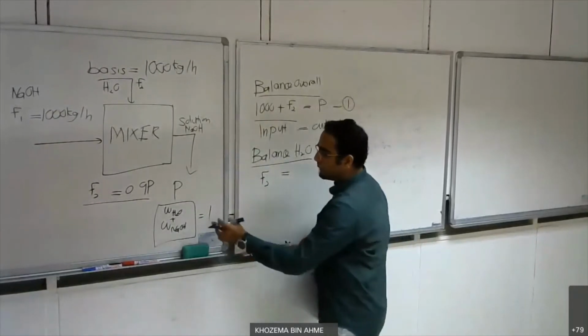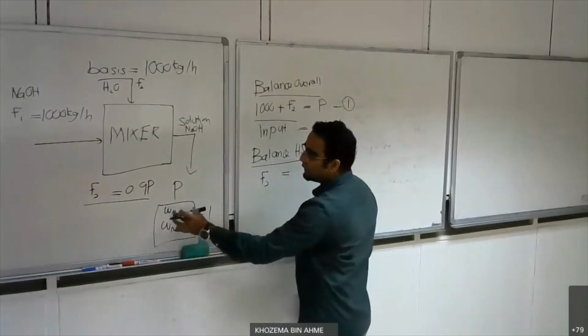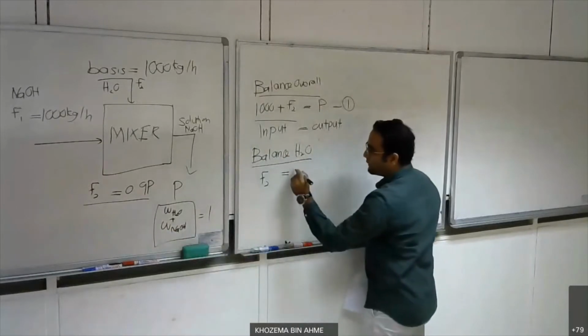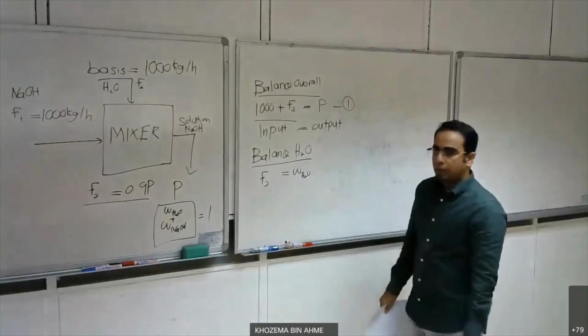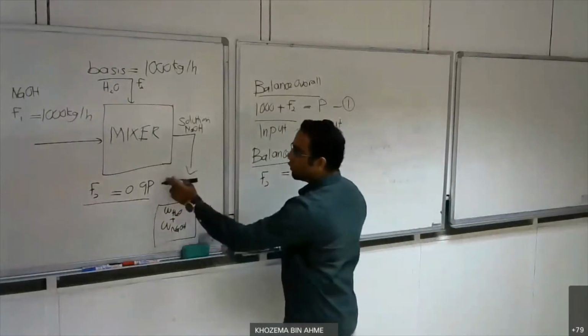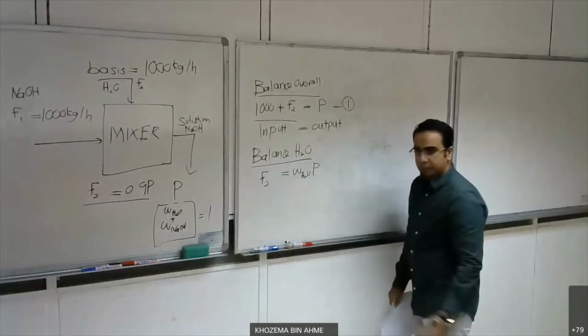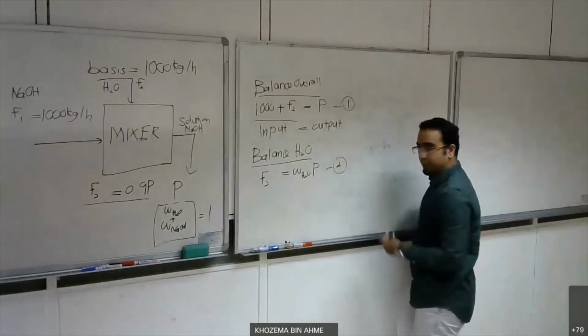So the mass fraction of water in this stream is W H2O, times the total flow rate, which is our P. That is my second equation that I can make.